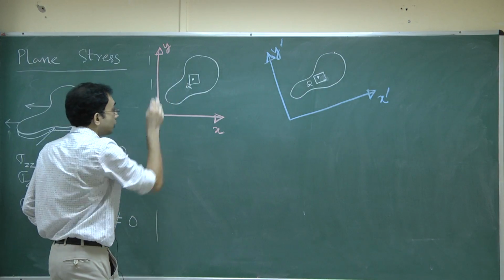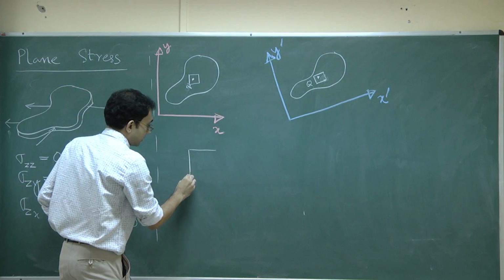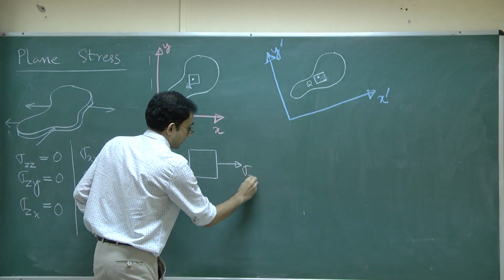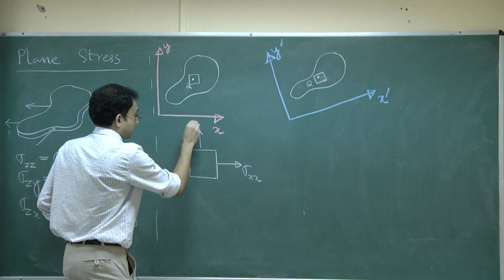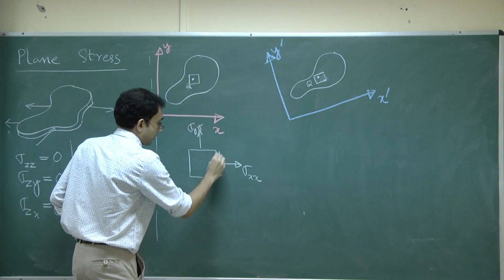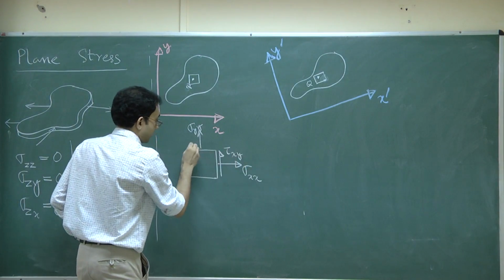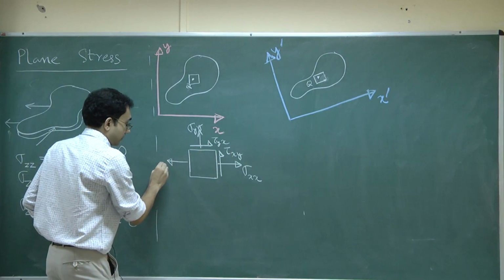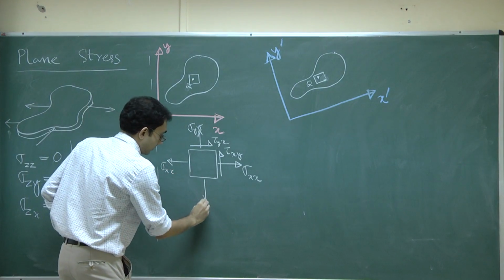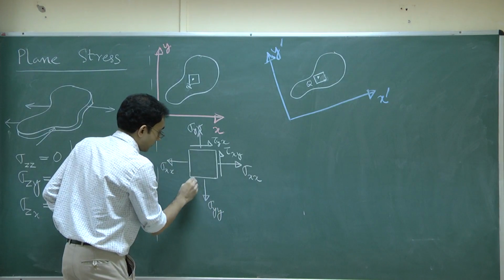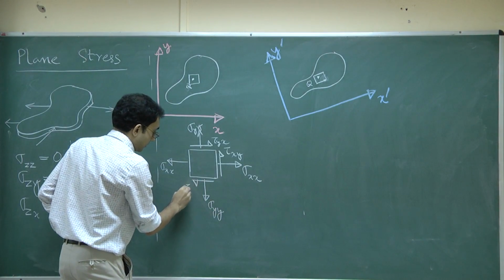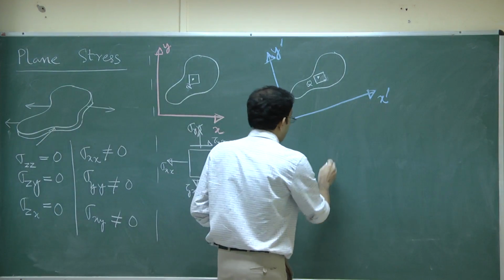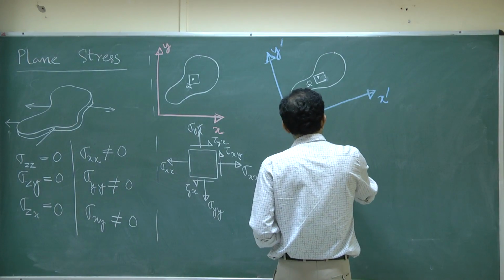So, if I zoom into this little element, I would have a picture like this, and here I would have a picture something like this.